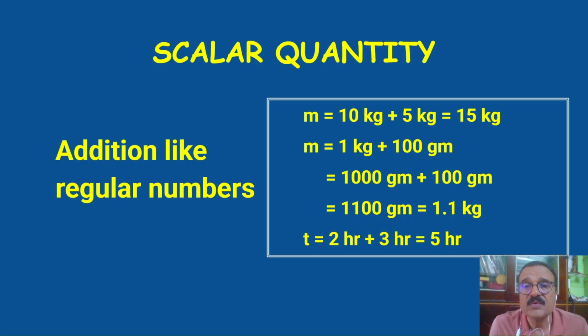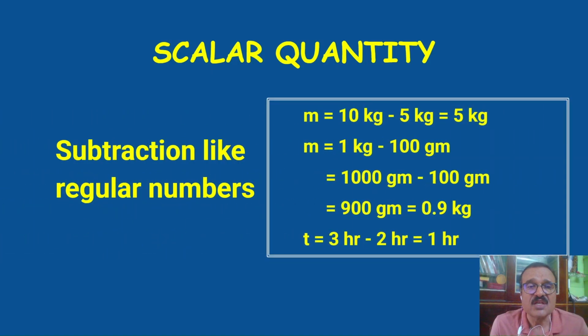Here, if units are different, then we have to convert the particular magnitude into a common type of units. Either we can convert gram into kg or kg into gram and then do addition and other types of operations. Time also can be added like t equal to 2 hour plus 3 hour that has resulted in 5 hour.